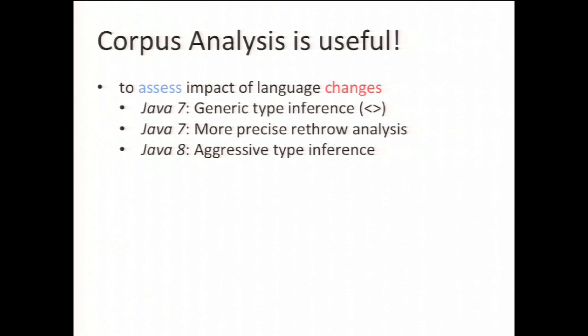Also, there was the more precise rethrow analysis that they did in order to figure out if we would break programs with a source incompatible change. And for Java 8, we are considering a more aggressive type inference, and that as well we can examine to see if this will lead to problems using Corpus Analysis.